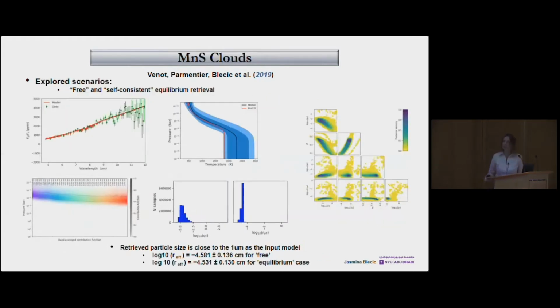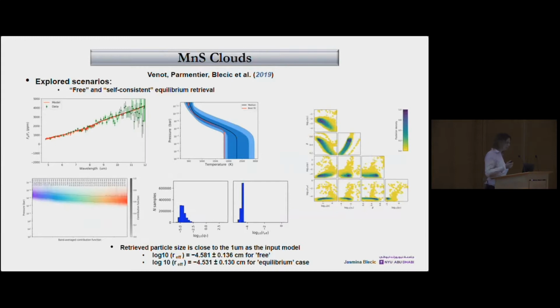For the MNS clouds, we have similar results where we retrieve a somewhat different, a little bit larger particle size than the input model. We also performed 2 different retrievals: the free and self-consistent retrieval.